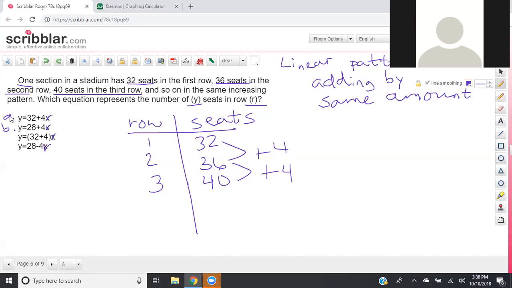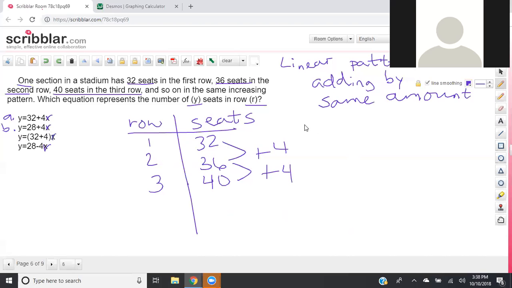Say, answer choice A, I'm going to plug in row 1, see if I get 32. Answer choice B, I'm going to plug in row 1, see if I get 32. Or with linear patterns, if you can remember how they're set up, it's easier to set up the equation.